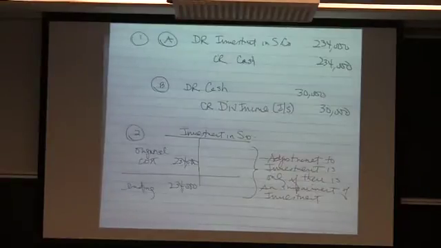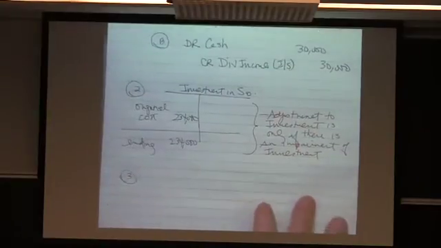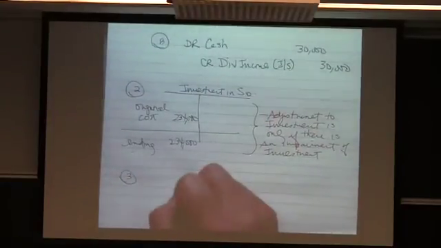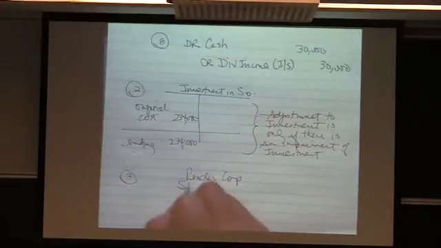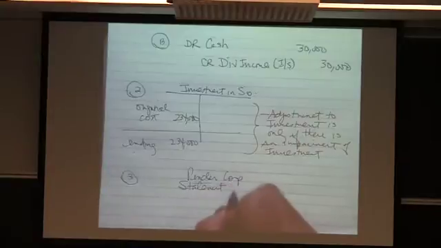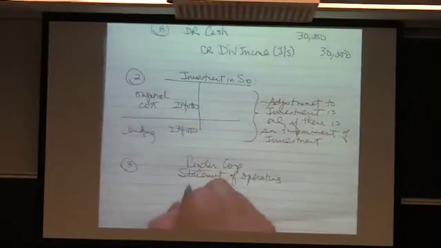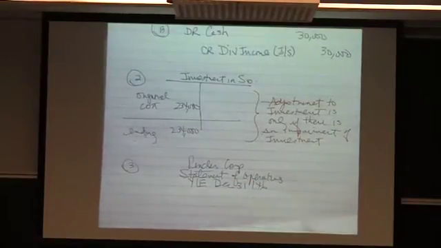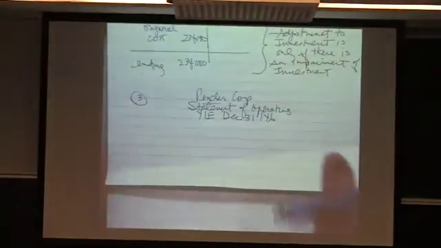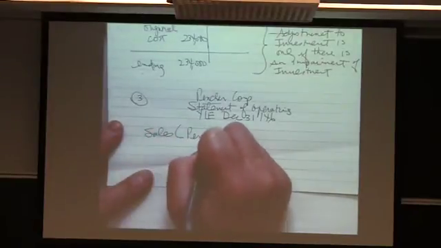Now, in this case, for part 3, it asks us to provide the income statement of Pender. So you've got Pender Corporation, statement of operation, the same as the other statement, right? And it's for the year ended December 31st, year 6. We're going to have sales, Pender only.